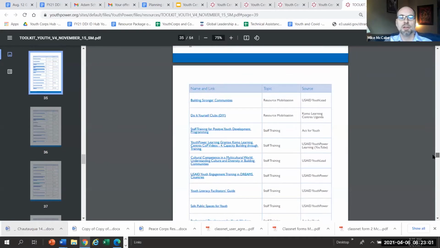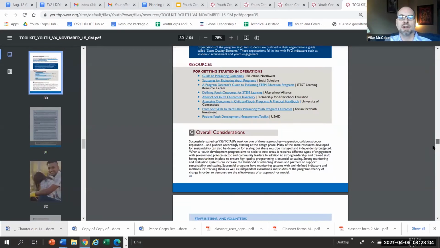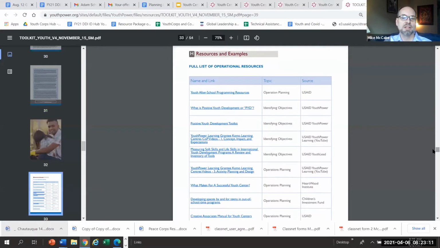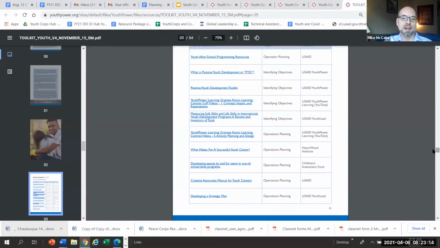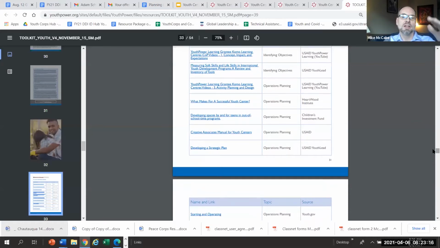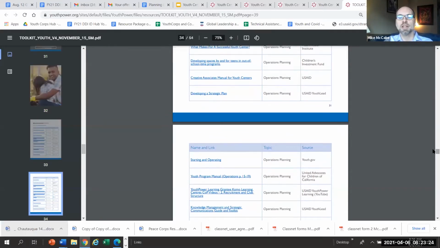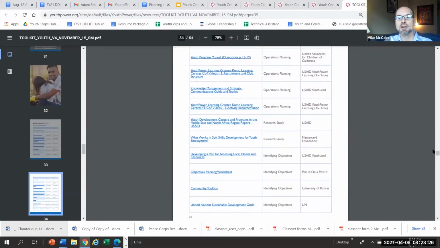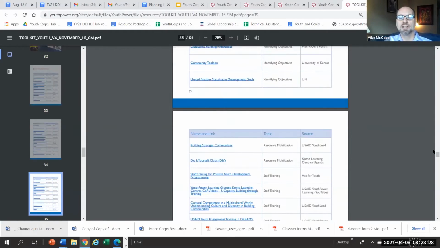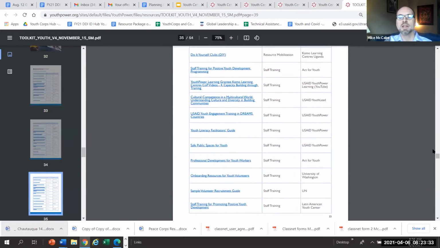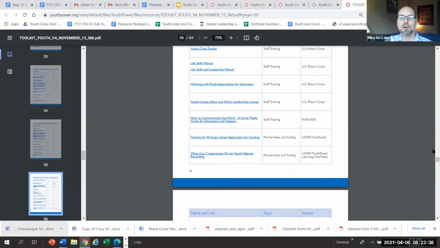But when you get down toward the appendixes at the end, what you'll see here, and I'll try and go a little bit slower, you've got resources which are operational resources, how to identify objectives, how to do operations planning. So we've organized the toolkit so depending on where you are in developing your youth center program, you've got the best practice tools for each of the sections of it: operational planning, how to do research studies, the objectives, how to do staff training, the resource mobilization components, and on for that section.